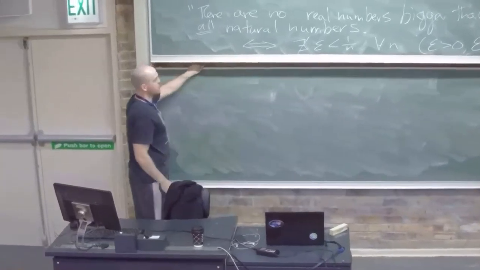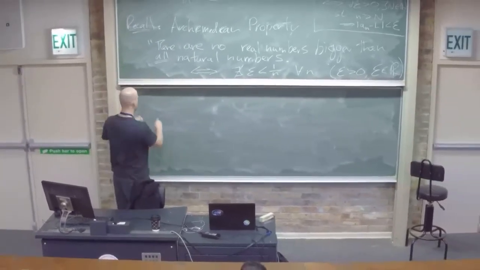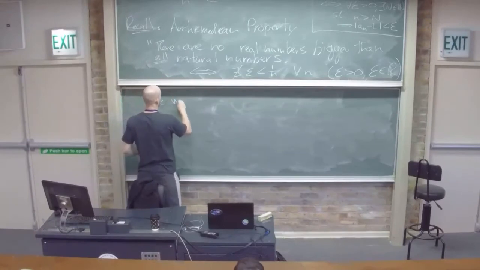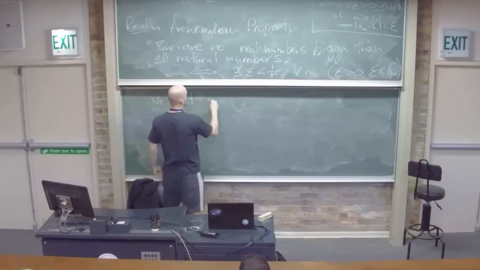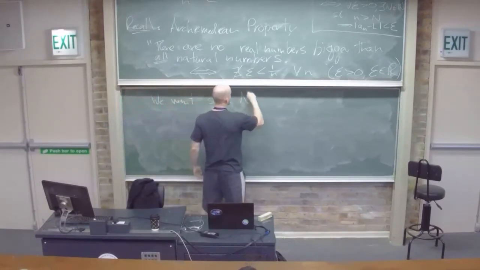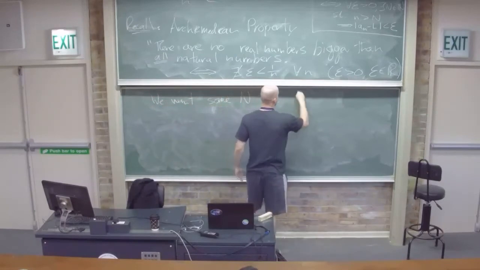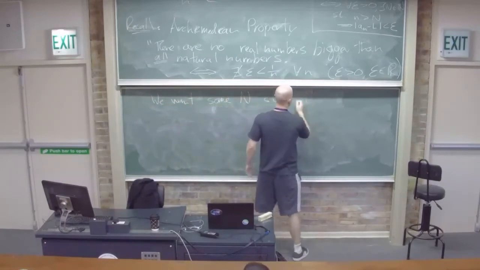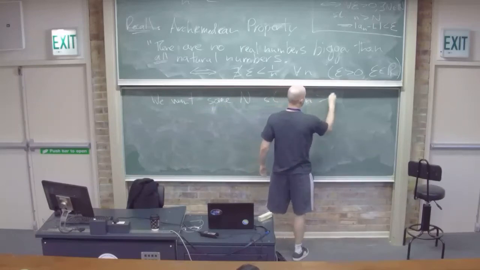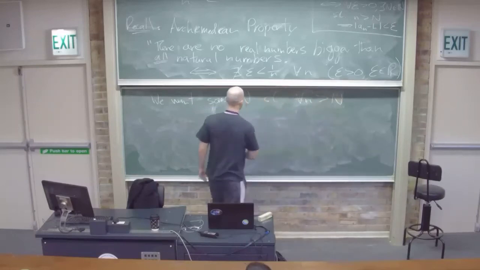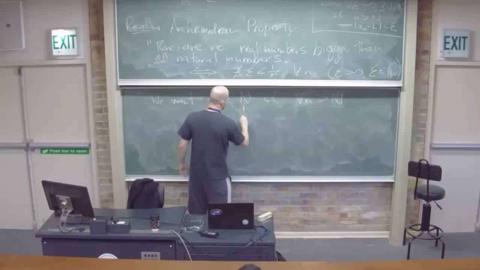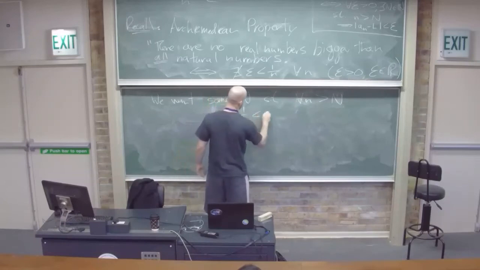So let's just kind of gather what we have so far. We want some capital N such that for all n greater than N, 1 over n is less than epsilon.